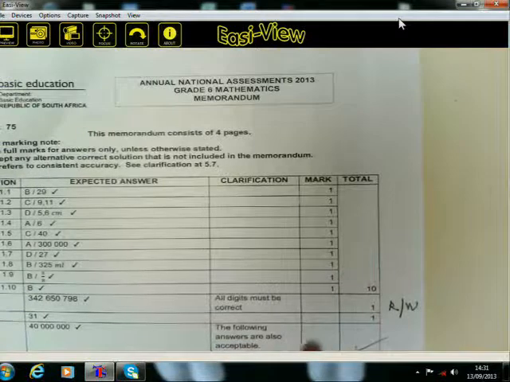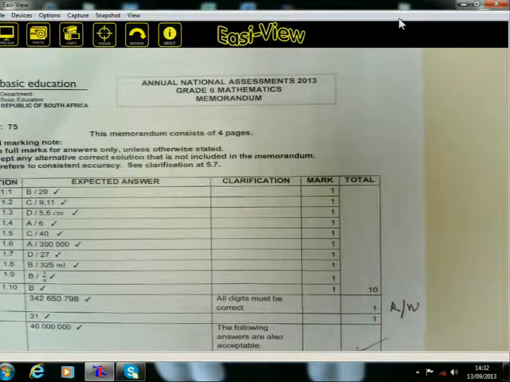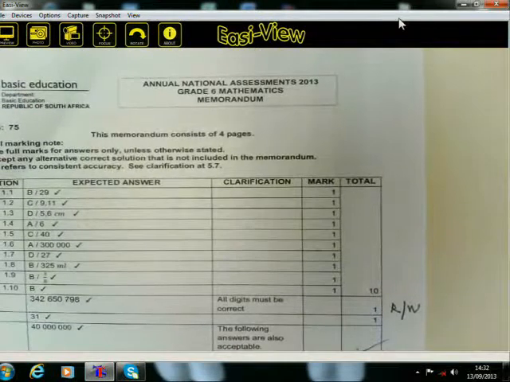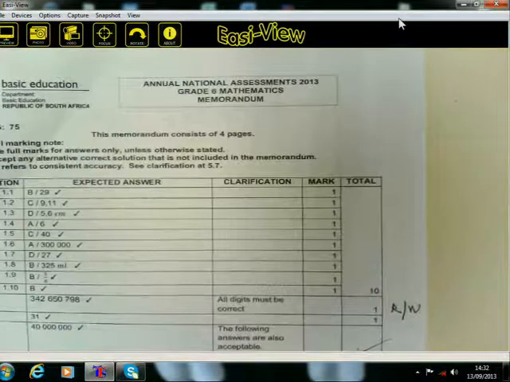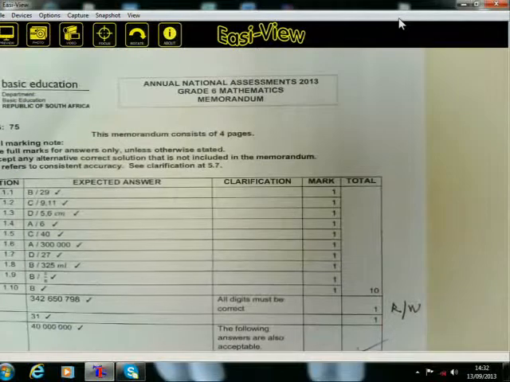If you read in the clarification, they say the following answers are also acceptable. 40M. If he writes 40M, you credit him. 40 million in words, you will still give him 1. Or 40 multiplied by 1 million, you will still credit him 1 mark. Okay.